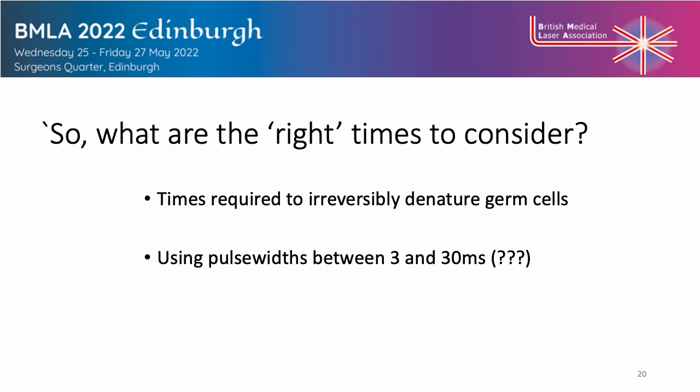I am still doing some more work on this to try and pin this down even more finely. But this all depends on the fluence. If you have insufficient fluence, then the pulse width doesn't really matter. You're never going to get a result. Imagine trying to boil an egg at 50 degrees centigrade in your pan of water. You'd be there all day, all month even.